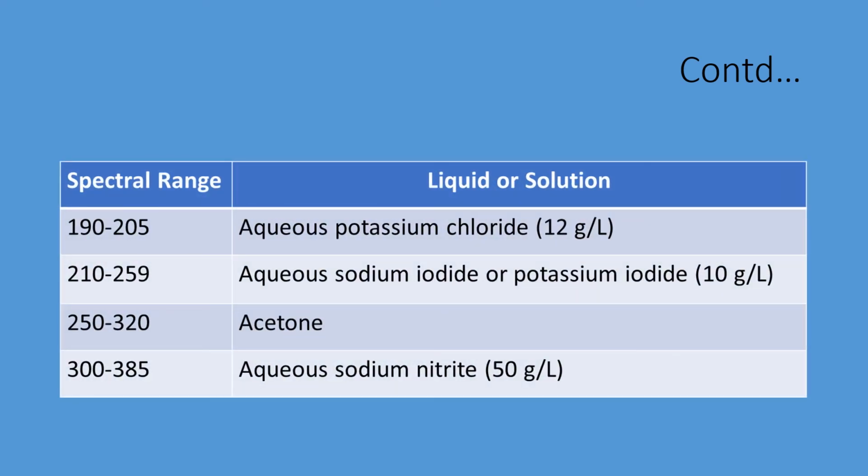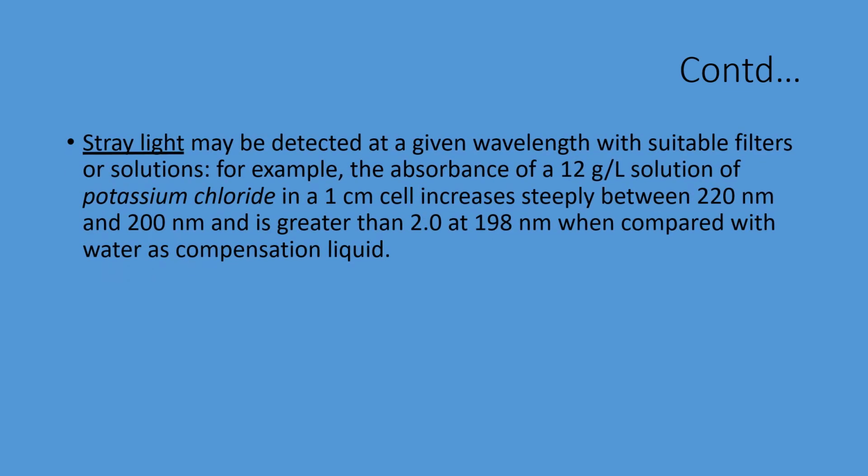This table gives the information on various liquids or solutions used for measurement of stray light at various ranges of wavelengths. Stray light may be detected at a given wavelength with suitable filters or solutions.